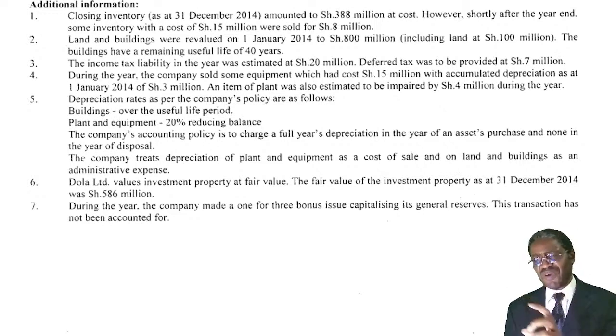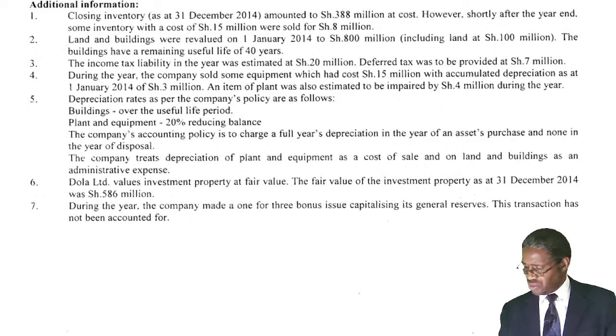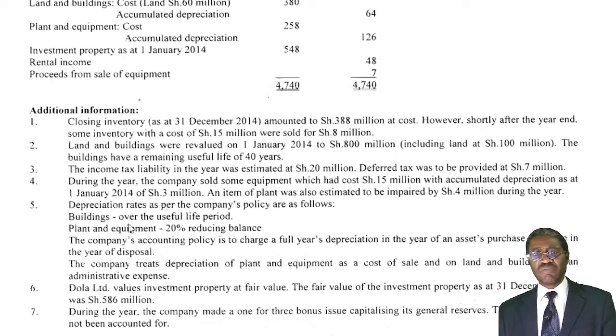Then you're told the fair value of the investment property as at the end of the year is 586 million. From the trial balance, what was the value? Below there, I hope you can see from the trial balance, the value is given as 548 million.